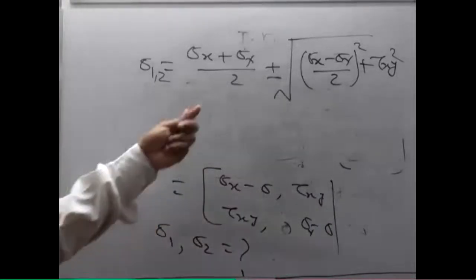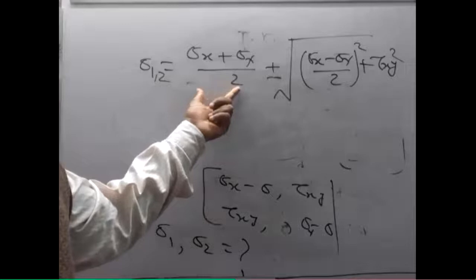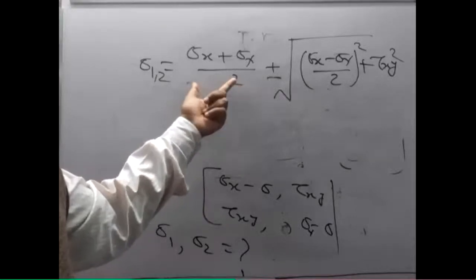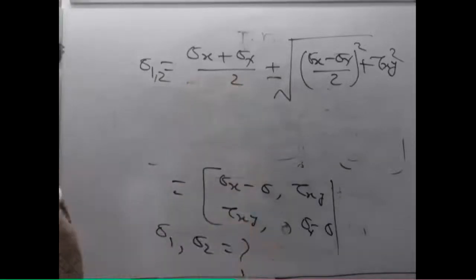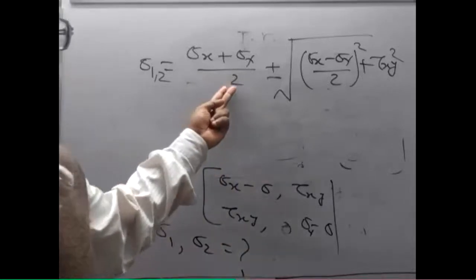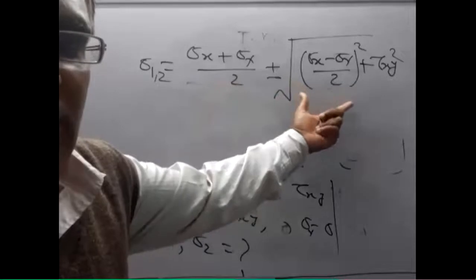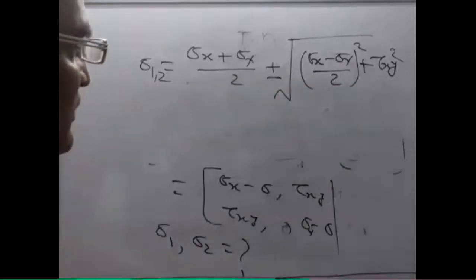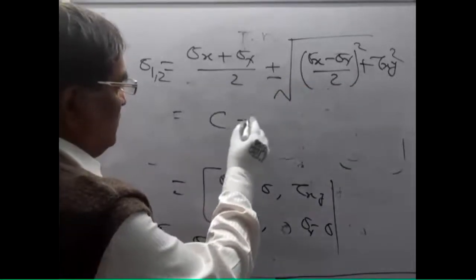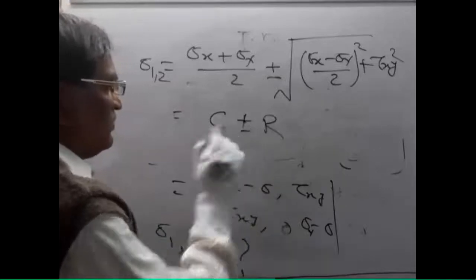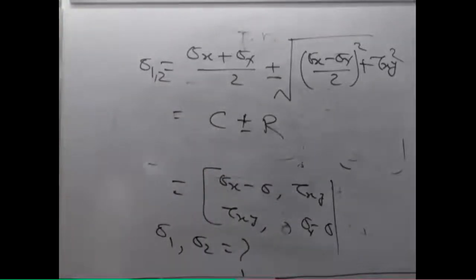And you know that in the Mohr circle, sigma x plus sigma y by 2 is the center and the square root term is the radius. So it is C plus minus R.